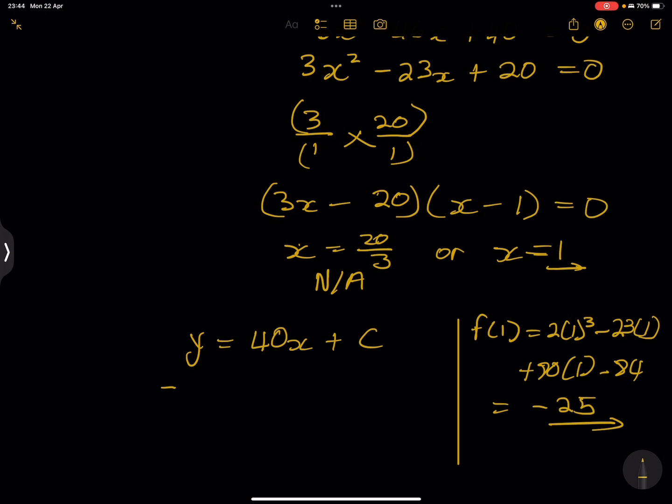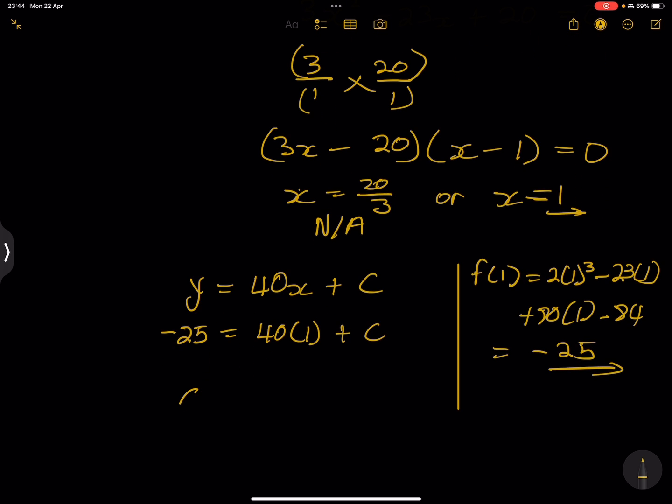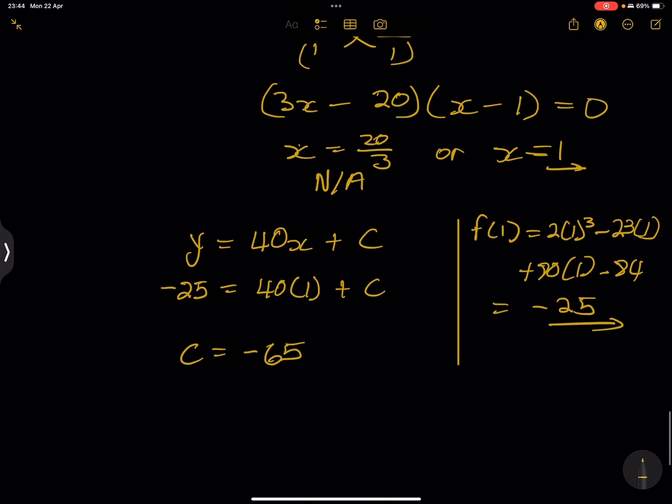So that would be minus 25 is equal to 40 times 1 plus c. If I take that to the other side, 40 times 1 is 40, take it to the other side, that gives us minus 65. So y would be equal to 40x minus 65.